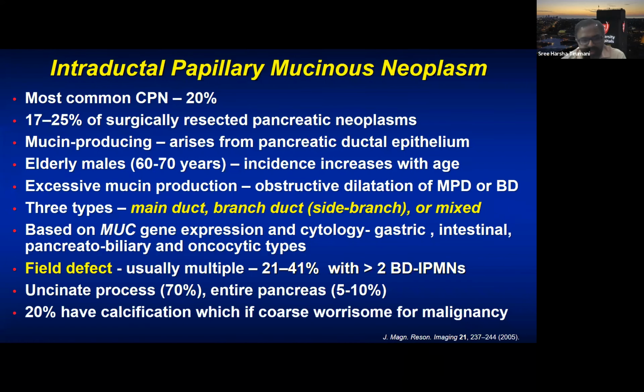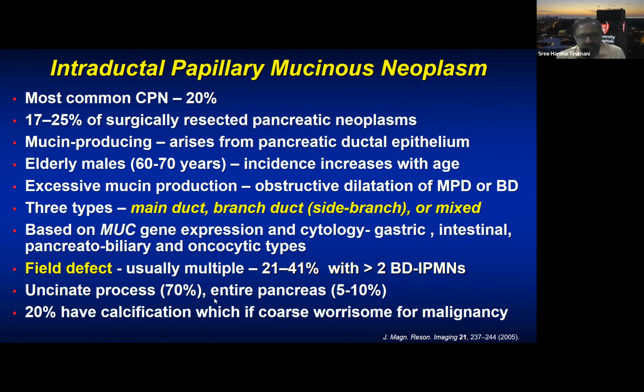Typically, they occur in males in the elderly age group, and because of their ability to produce mucin, they tend to block the ducts, which results in duct dilatation. So based on whether the duct is dilated or not, they can be main duct type, branch duct type, or the mixed type. And there is some subclassification in pathology based on the MUC gene expression, which is a mucin gene expression. But at radiology, we can't really differentiate those subtypes.